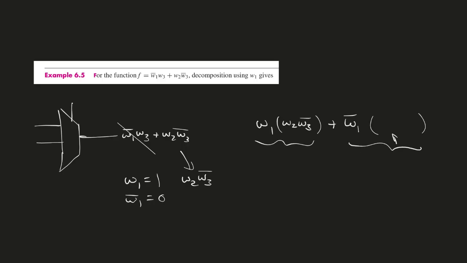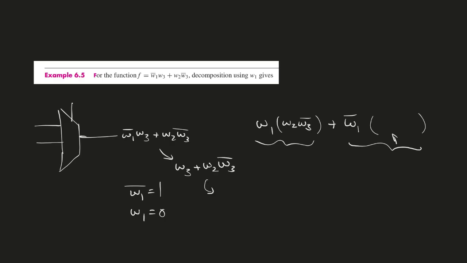For the other bit, we pretty much are going to declare that W1 naught is equal to 1 and W1 is equal to 0. Okay, so we see this yields the following: W3 plus W2 W3 naught.